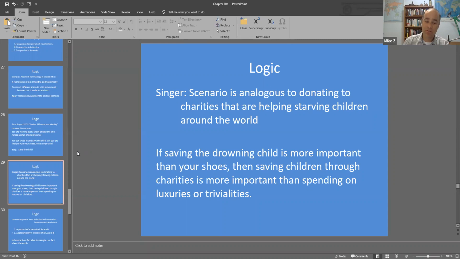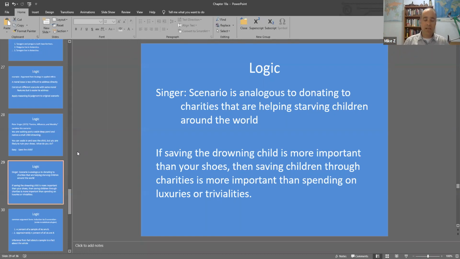Saving one of those children's lives is more important than whatever you would be spending that $200 on.